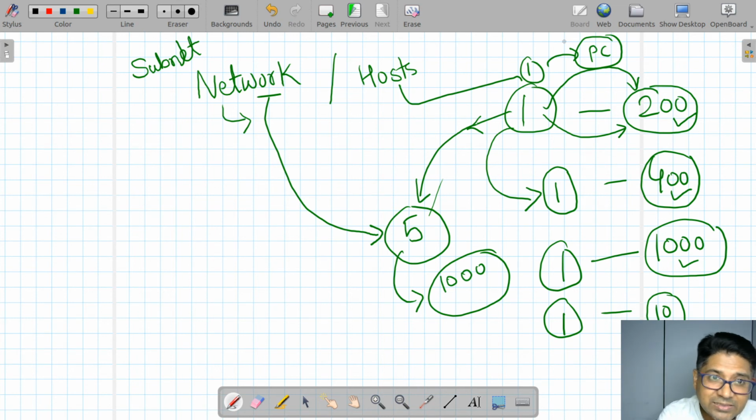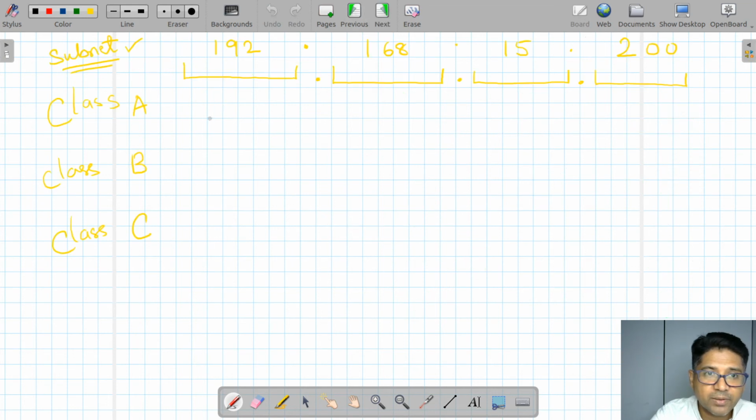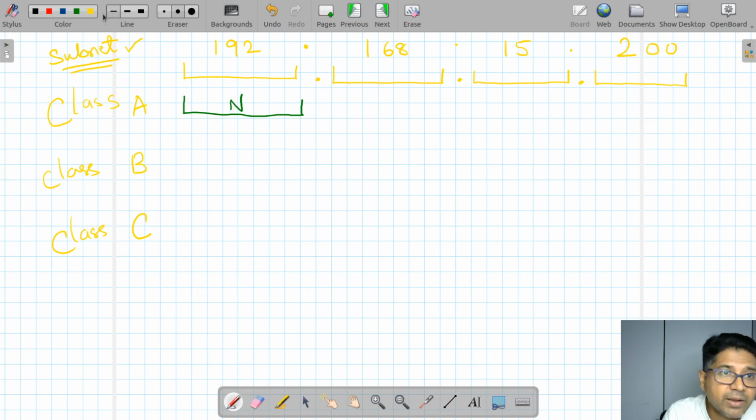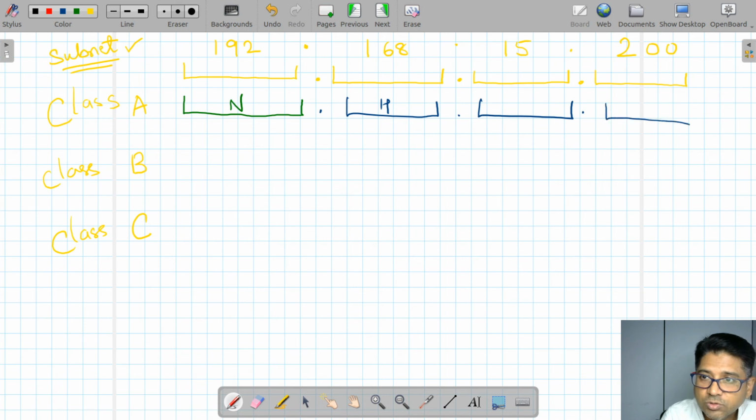Okay, let's understand by doing. I'm going to come back to the previous topic. In class A, we have the first octet as the network and the remaining 3 octets as the host.